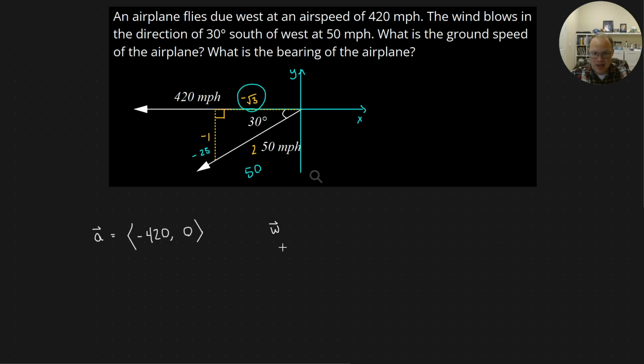And then this side, a little bit trickier. The easiest way is to know, hey, this is 1 times root 3. So this is going to be negative 25 times square root of 3. Okay? All right. So that's the real sides of this triangle with this one edge at 50 miles per hour. Okay?